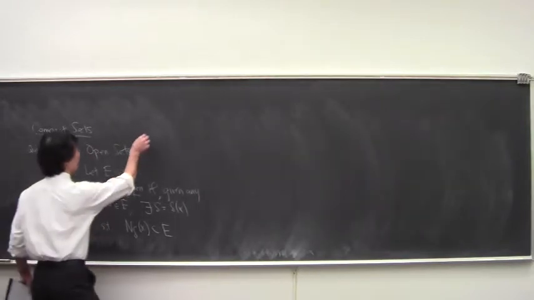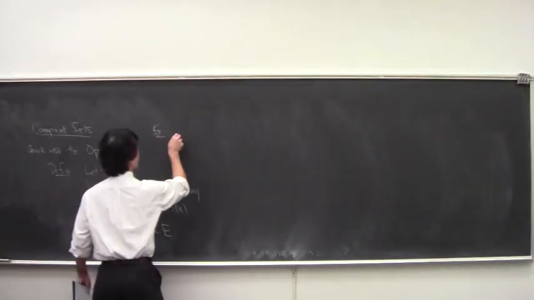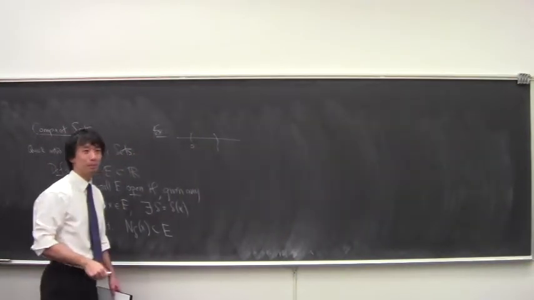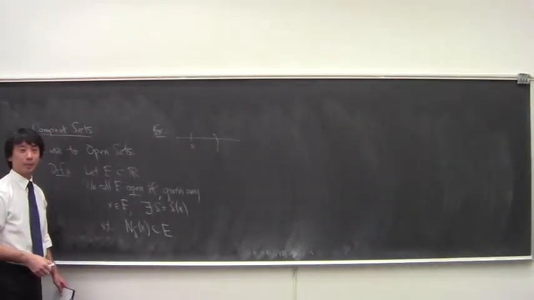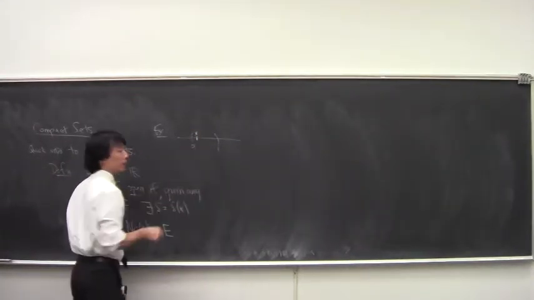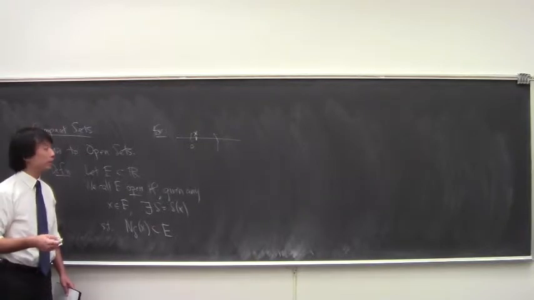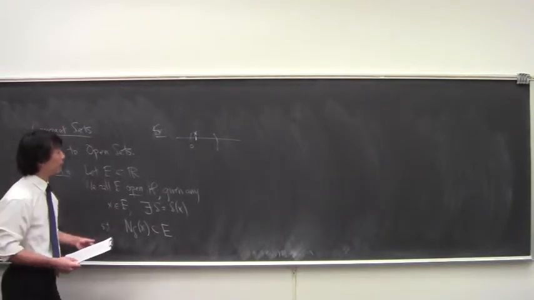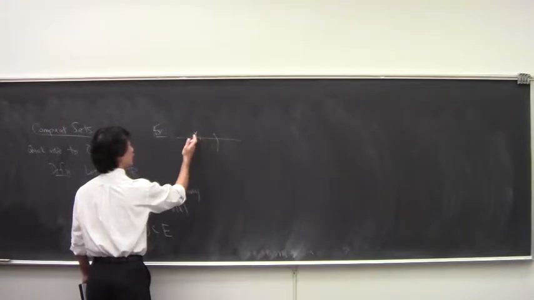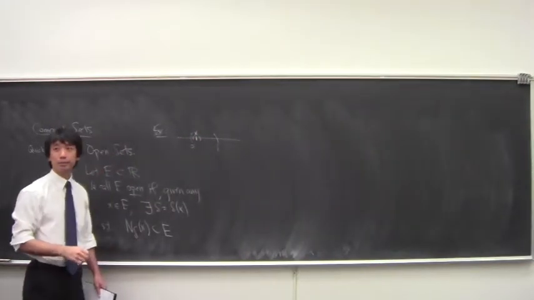Okay, so here's an example. If we look at the open interval (0, 1). Somebody gives you a point inside (0, 1), and you say, oh, I can find a delta neighborhood of x that is contained in (0, 1).